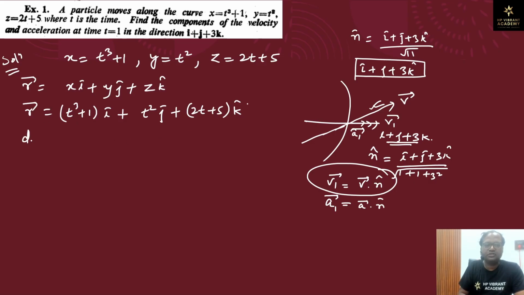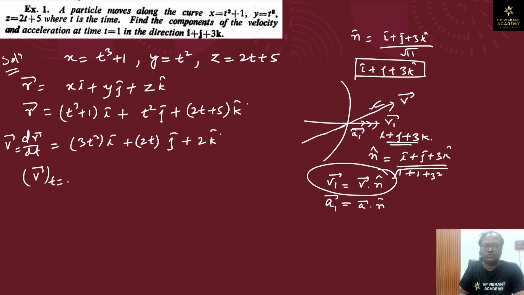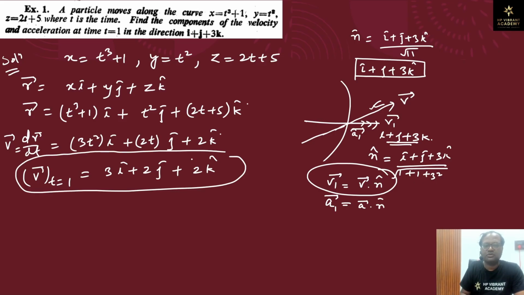The velocity is given by dr upon dt, which is equal to 3t² i cap + 2t j cap + 2k cap. So velocity at t = 1 is given by 3i cap + 2j cap + 2k cap.